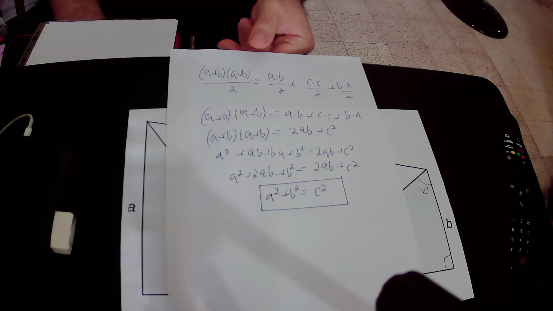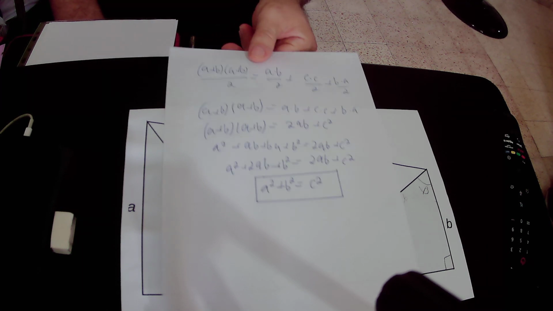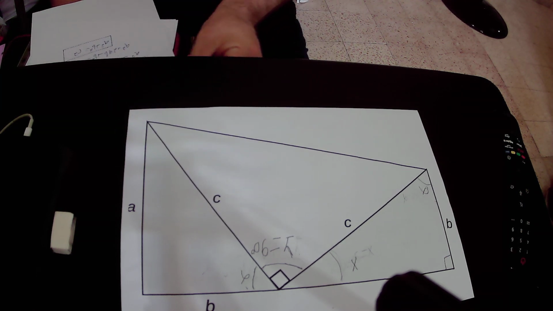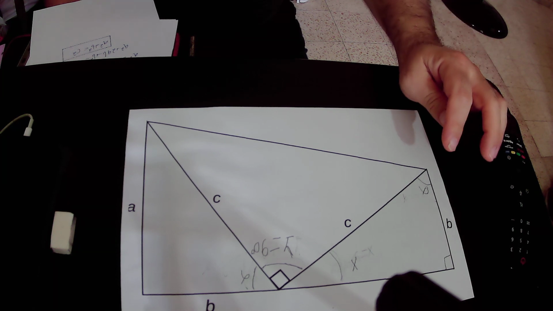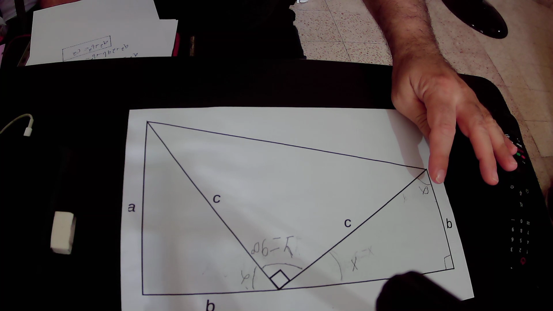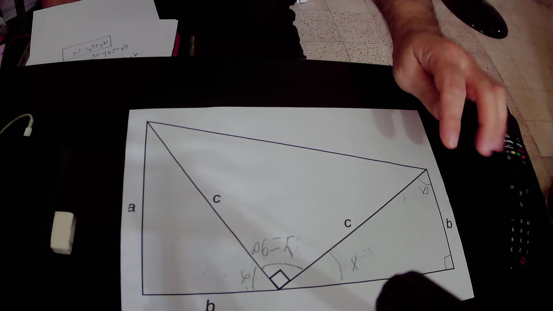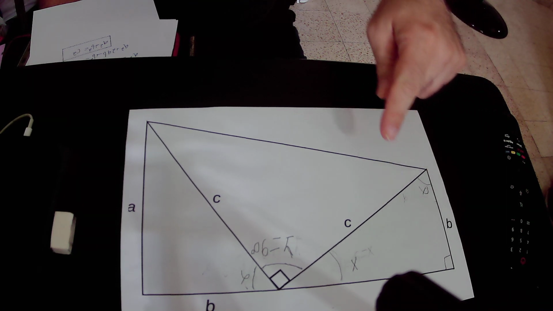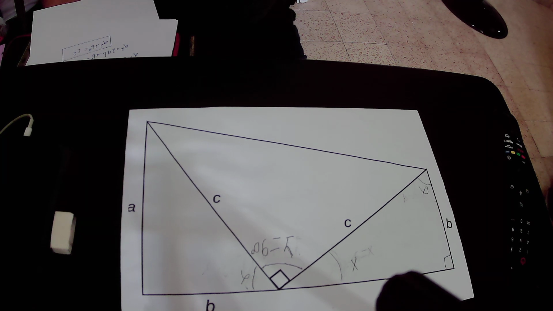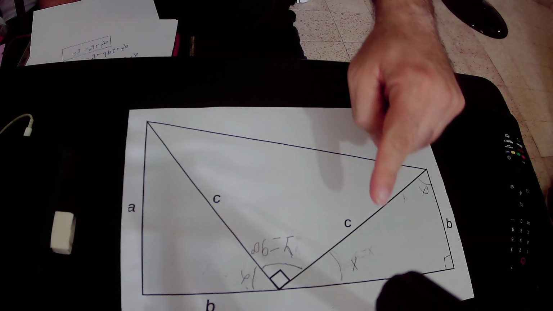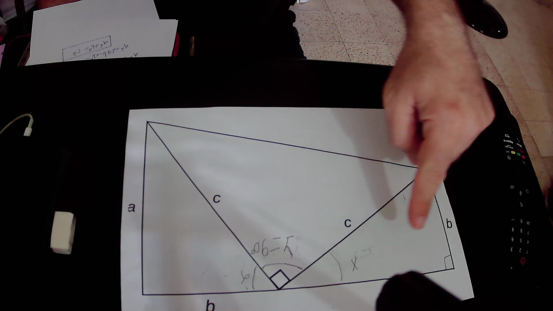So we can summarize the proof and say that we had a right triangle, and we needed to prove that C squared equals A squared plus B squared, or that the square of the hypotenuse equals the sum of the squares of the perpendiculars.